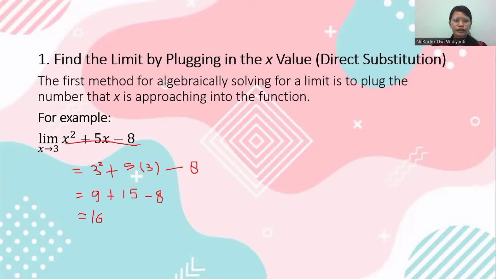So the limit of x squared plus 5x minus 8 as x approaches 3 is 16.